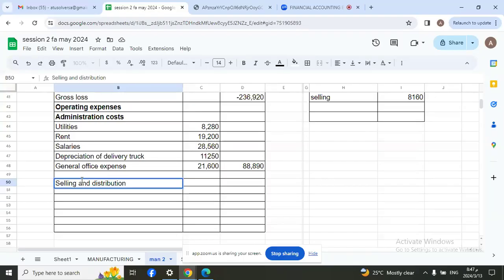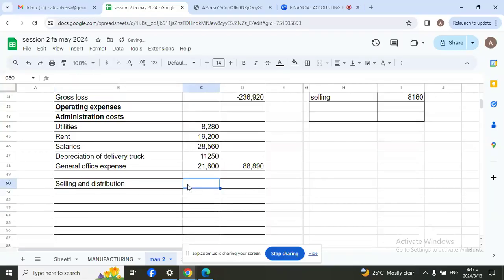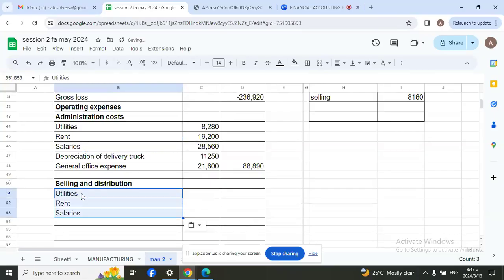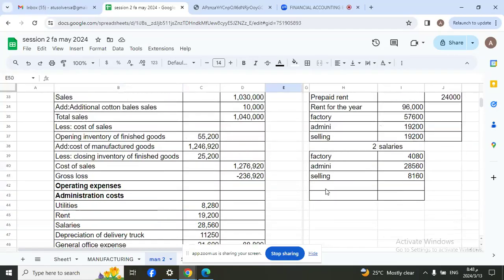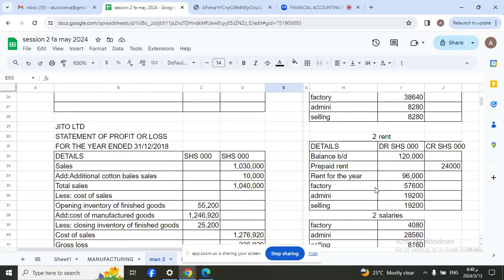So under selling and distribution, still we shall take these ones. We have utilities, rent, and salaries. We first get those ones. Here it is 8280.